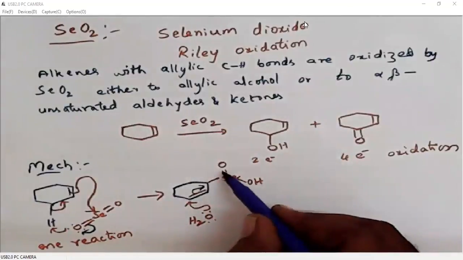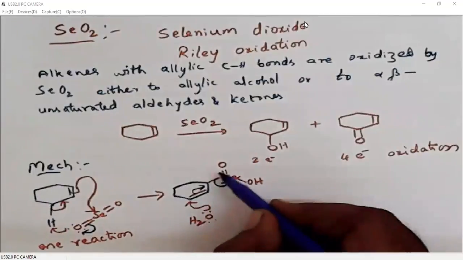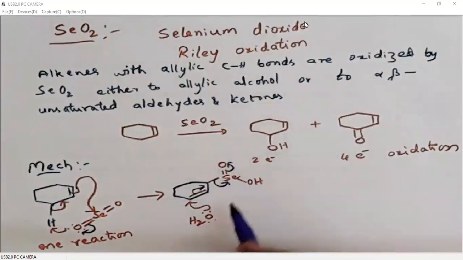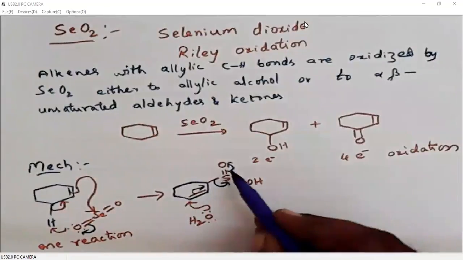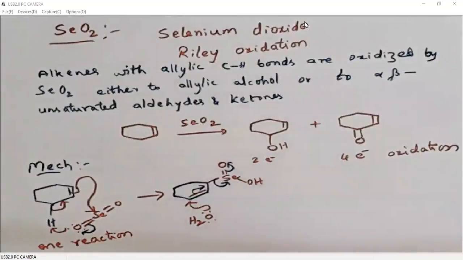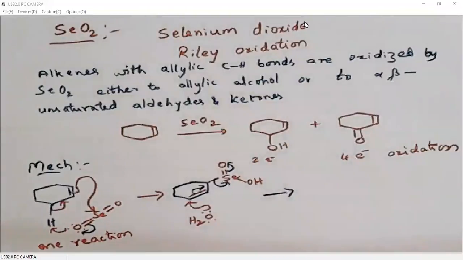Then selenium, which is in +4 oxidation state, will now reduce to +2 oxidation state. So the 2 bonding electrons will be given to selenium. Then the selenium oxygen double bond will change to an oxygen selenium single bond. Right.